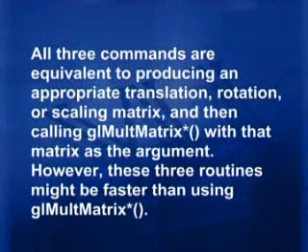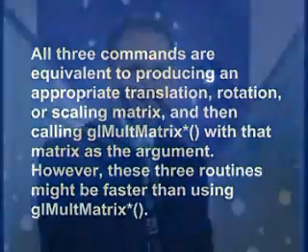All three commands are equivalent to producing an appropriate translation, rotation, or scaling matrix, and then calling glMultMatrix with that matrix as the argument. However, these three routines might be faster than using glMultMatrix. The idea is that if we want, we can frame our matrices the way we want them, set them up, and then call the glMultMatrix routine to get them multiplied together.